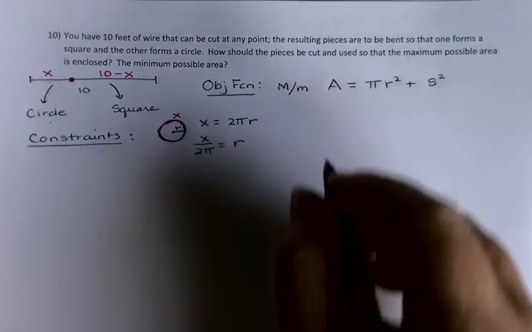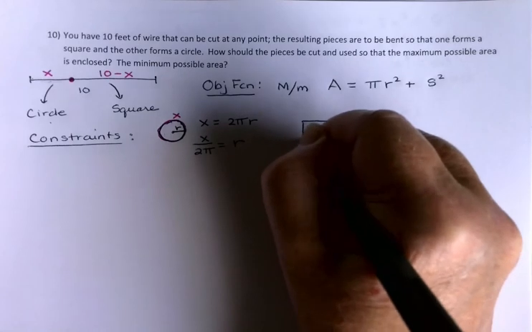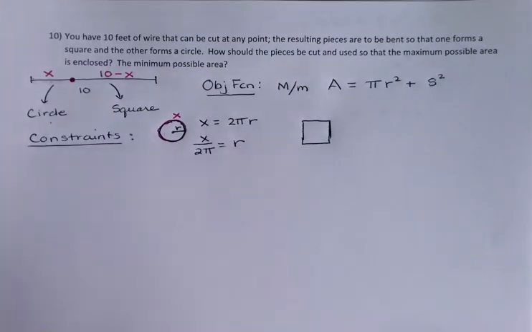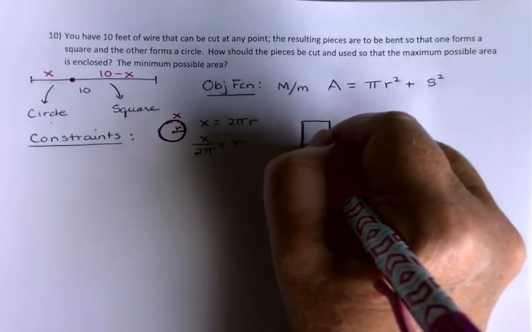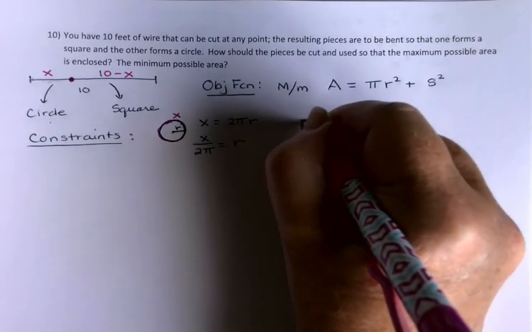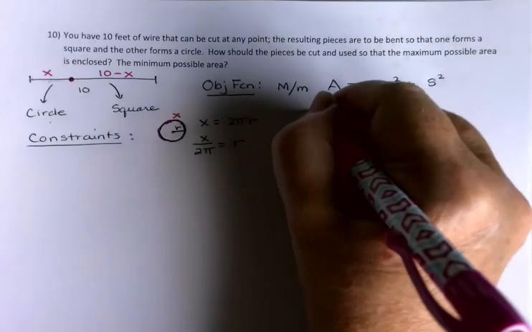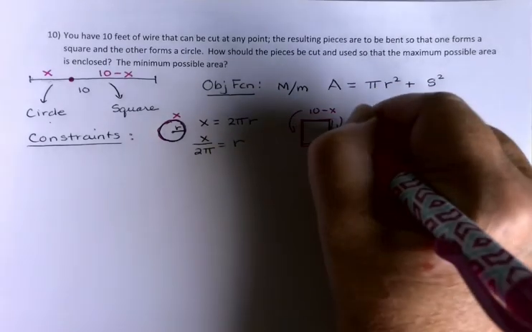Now what about the square? The square I built with this piece, so I know that the whole perimeter of my square is 10 minus x, all the way around, right?